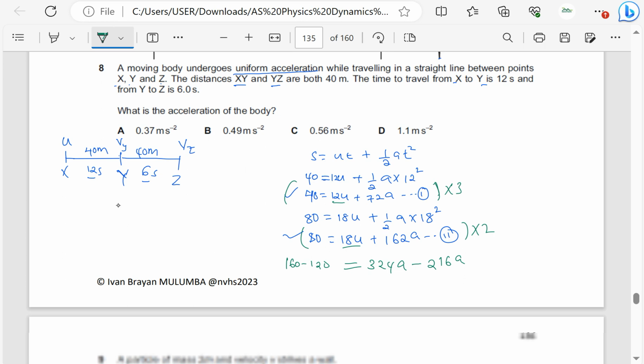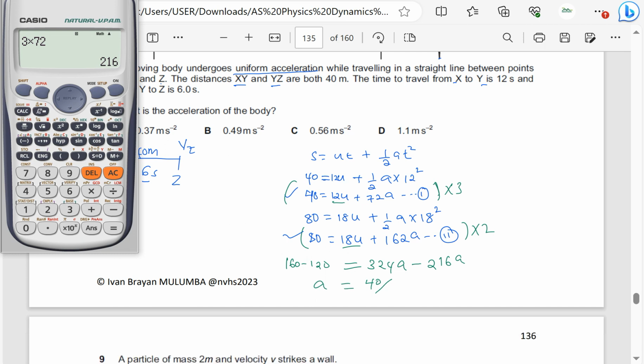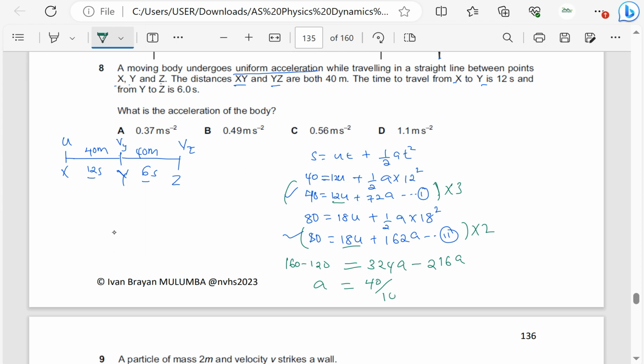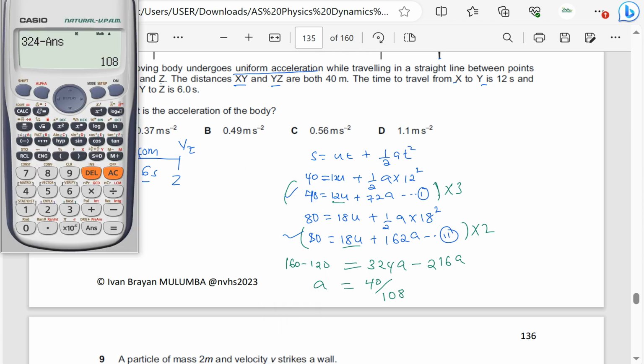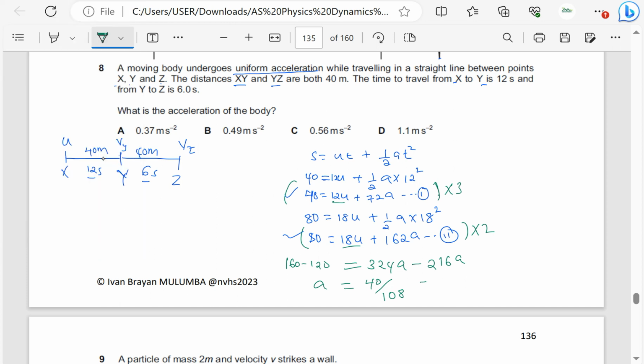So when you subtract here, I make a the subject. a is going to be 160 minus 120, that is 40, divided by 324 minus 216, that is 108. So I will press my calculator: 40 divided by the answer. This is 0.37 meters per second squared. So the answer is going to be A.